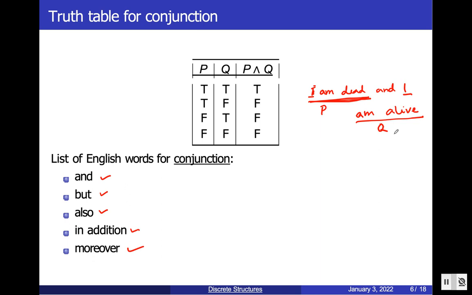Is it possible? No, that's not possible. I cannot be both of them. But I can write it as P and Q.